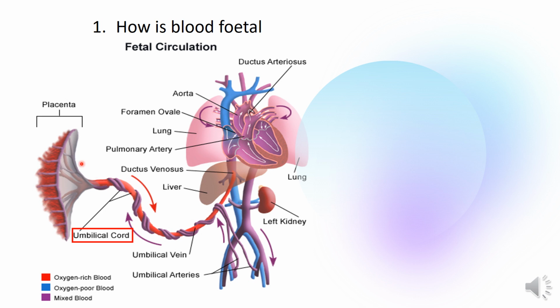The gas exchange occurs in the placenta, and highly oxygenated blood flows into the fetus through the umbilical cord, the vessels in the umbilical cord, and circulation takes place in the fetus, and the heart is the organ that pumps the blood throughout the circulation.